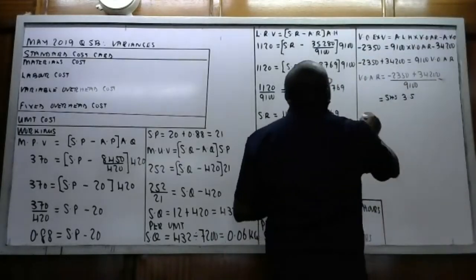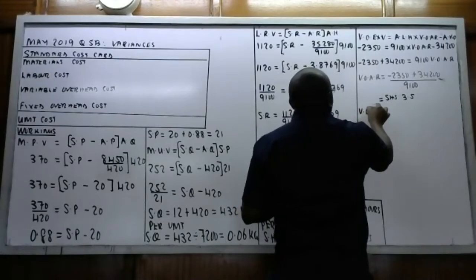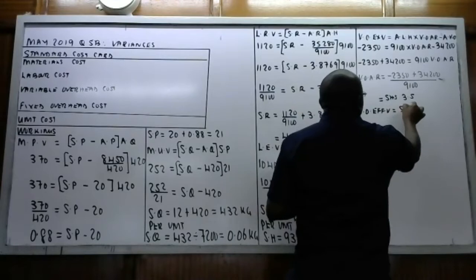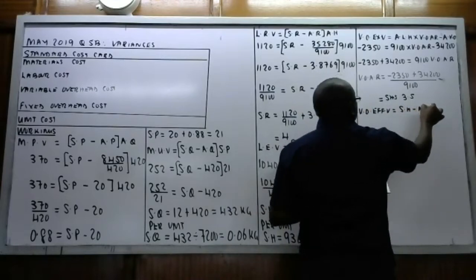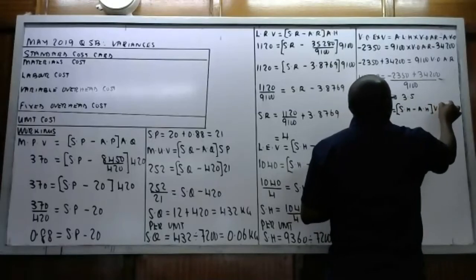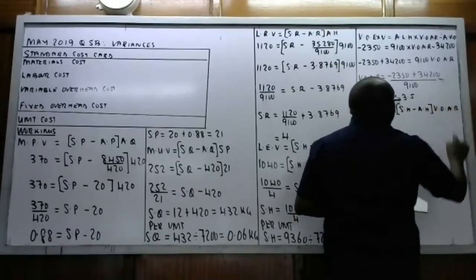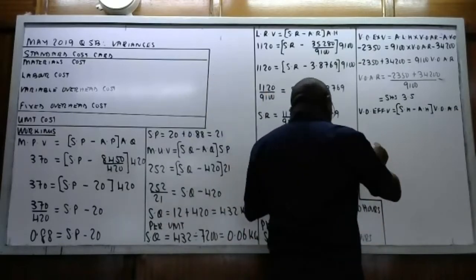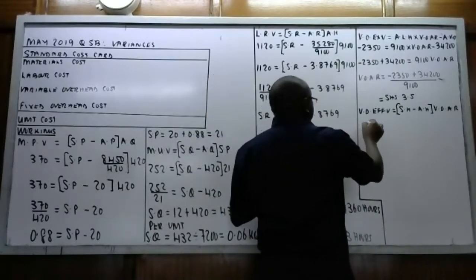Then for this other one, variable overheads efficiency variance is given as standard hours minus actual hours, you multiply by VOAR. So this one, it is 910.